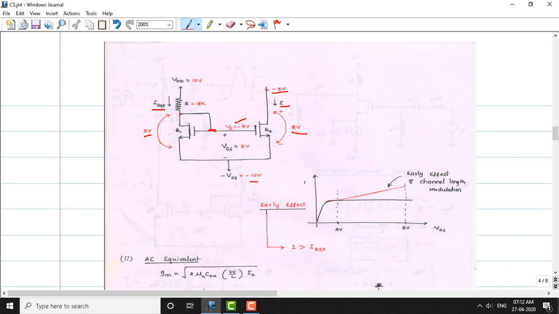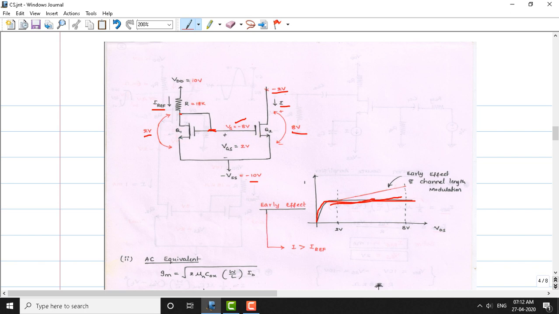So this is going to be the ideal characteristic of both the MOSFETs here, a straight line. That means the resistance between the drain and source is going to be infinity for both transistors. If that is the case, these two transistors will exhibit straight line characteristics, provided they are ideal.